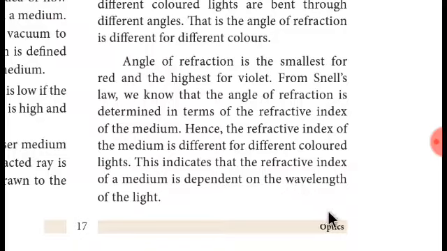If you take water and hit it with red light, that red light has a wavelength, and for that wavelength the water has some refractive index. If instead you hit it with violet light, violet light has a different wavelength from red light, so for that wavelength the water gives a different refractive index. There are differences in refractive index due to different wavelengths. That's the last line explained here.